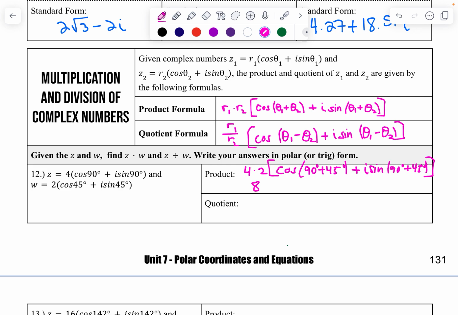And so we've got 8 times the cosine of 135 degrees plus i times the sine of 135 degrees.